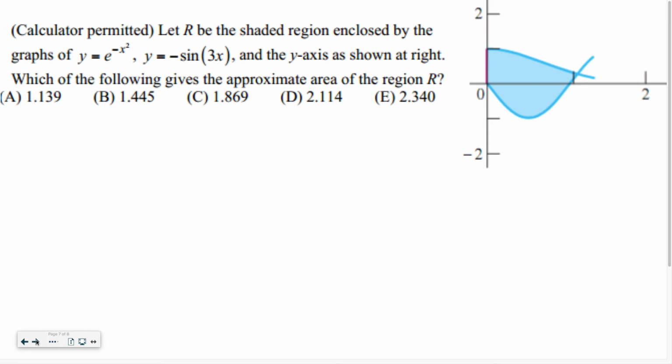Oh, you still have to guess. You have to enter one more time.